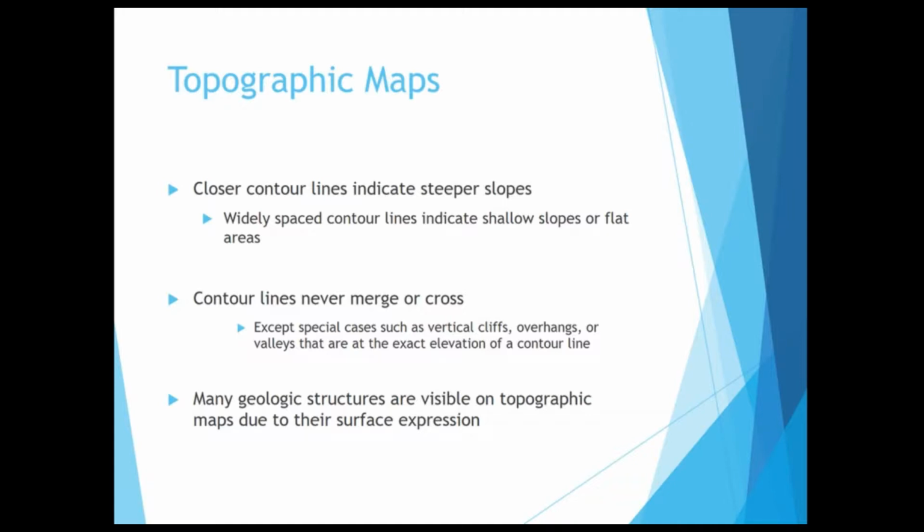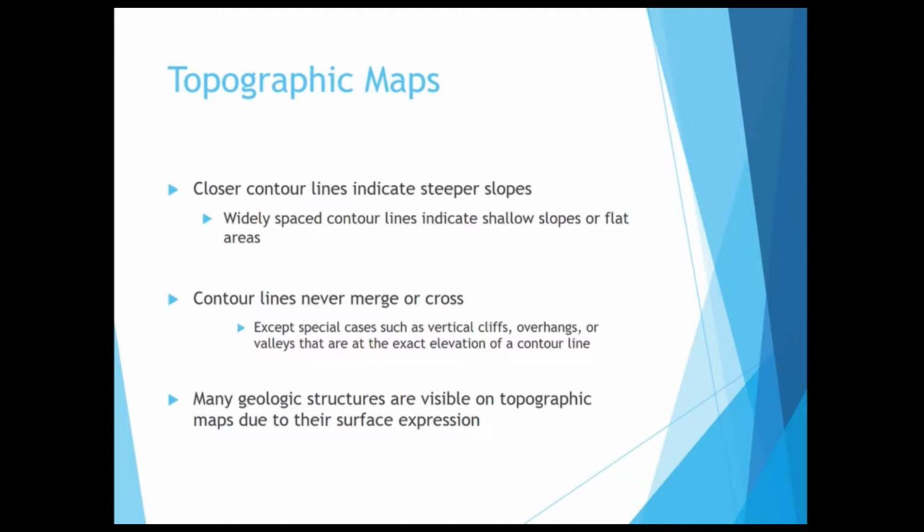And I'm talking precisely. If it's not precisely at the contour interval, if it's 6 inches above or 6 inches below, then your lines will come close but not touch.